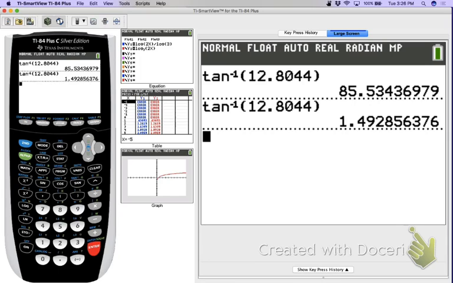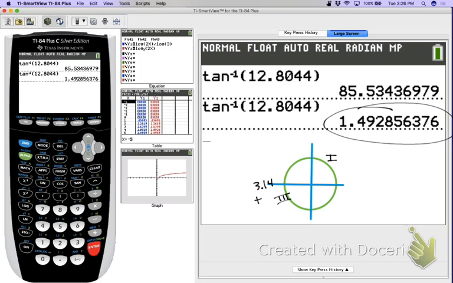So to get down into quadrant 3, essentially like we had our unit circle here, if I need to get into quadrant 1, which I did, and quadrant 3, then I'm going to take that 3.14 and add this value that I got right here and go from there.